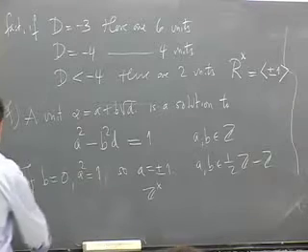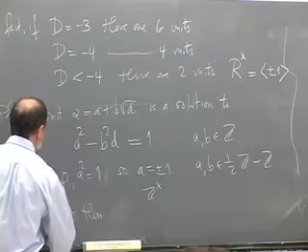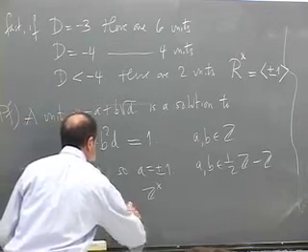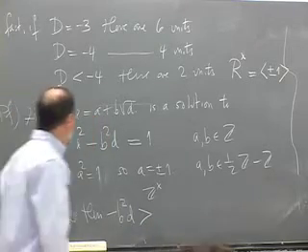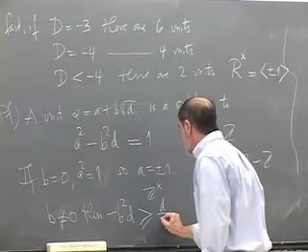If b is not equal to 0, then minus b squared d is bigger than or equal to minus d over 4.